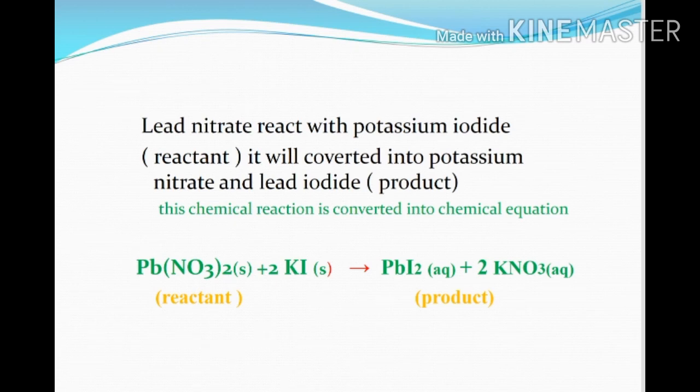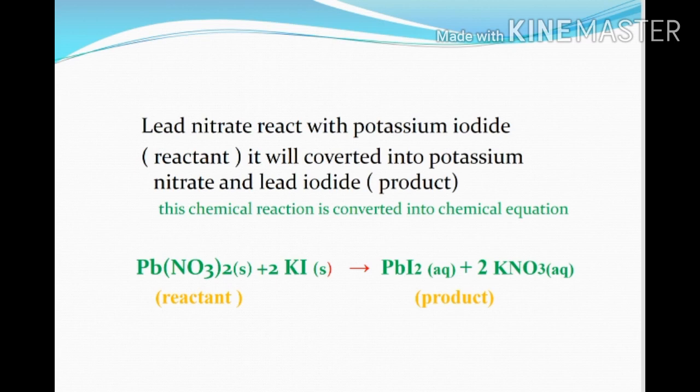Here, lead nitrate and potassium iodide, meaning Pb(NO3)2 plus 2KI, are written on the left hand side of the equation. That's why they are called the reactants. They are going under the reaction. Okay, so we termed them reactants. Now our arrow sign is there.